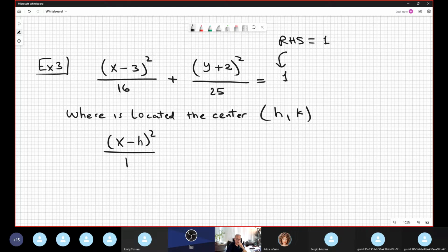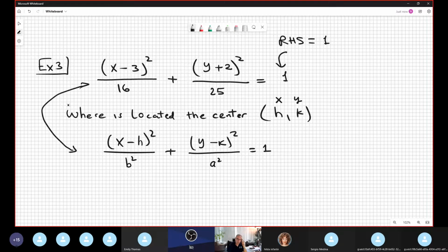Suppose this is B. The K letter is associated with the Y, and the H letter is associated with the X. So in your mind, this is the X value, and this is the Y value. You compare this equation and this equation, a comparison. Well, I can find it clear like water.